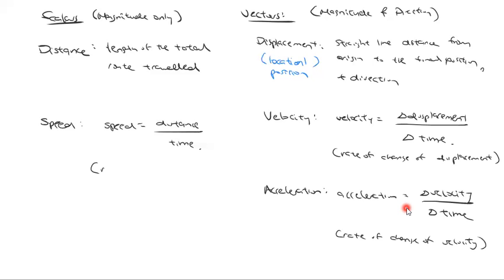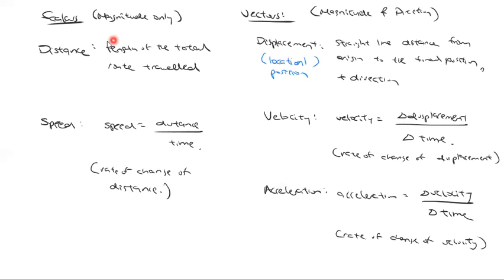Now, of course, speed is the rate of change of distance. So this is just a brief recap of everything we've talked about before when we did vectors with regards to the definition of these things. Now, we'll be mostly working with the vectors, in other words, displacement, velocity, and acceleration.